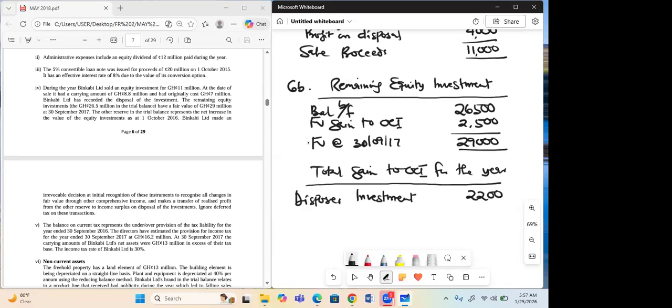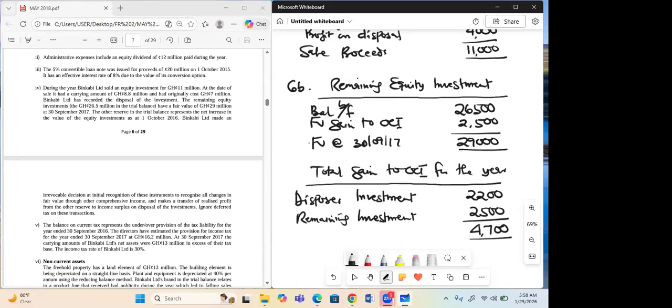Which later became a profit, right? Yes. And then the remaining investment too, another one has gone to OCI. That is 2,500. So in effect, the OCI for the year is 4,700.